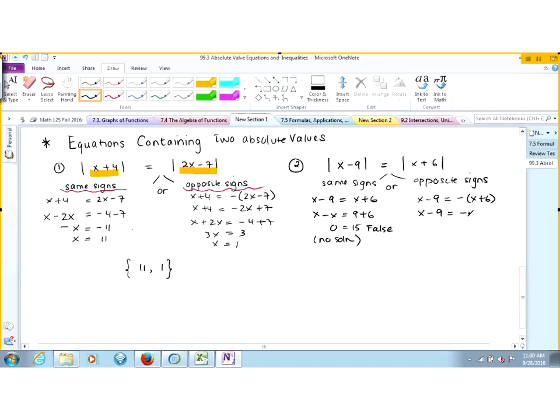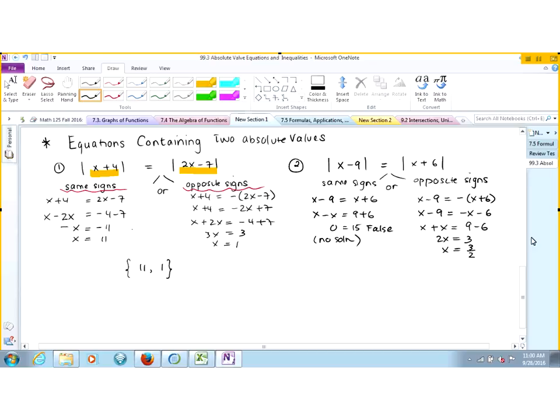The other one is x minus 9 is equal to negative x minus 6. And then what? x plus x is equal to 9 minus 6. 2x is 3. x is 3 over 2.